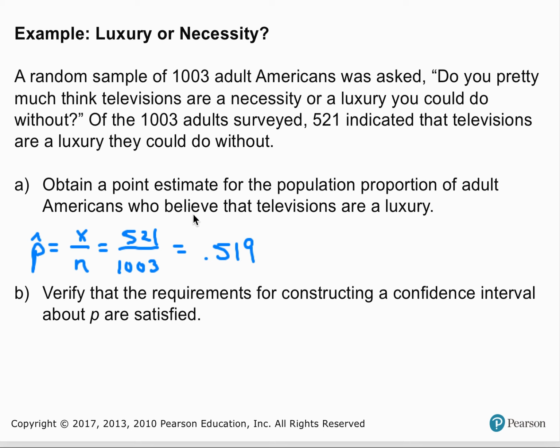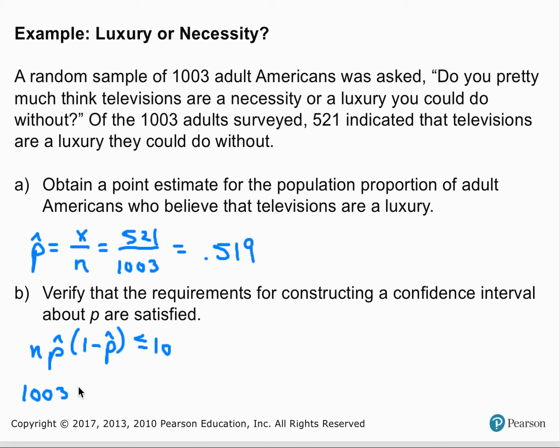Okay, so is 1,003 adult Americans less than 5% of the entire population? By far. So then my next question is, n times p hat times 1 minus p hat, is that greater than or equal to 10? Well, let's see.